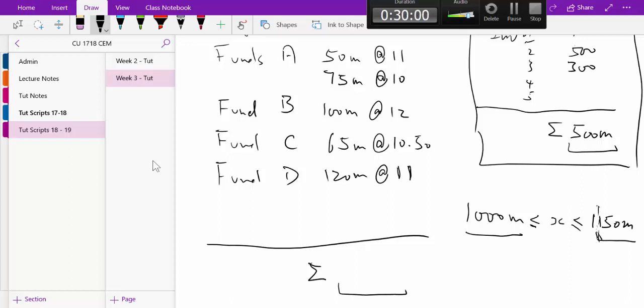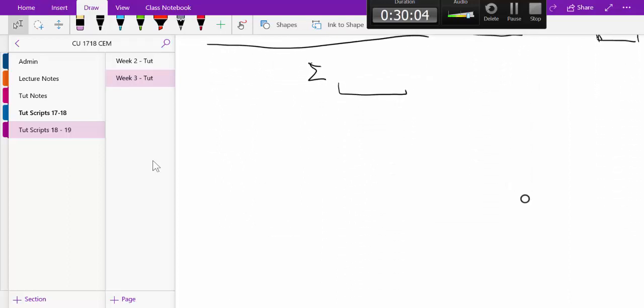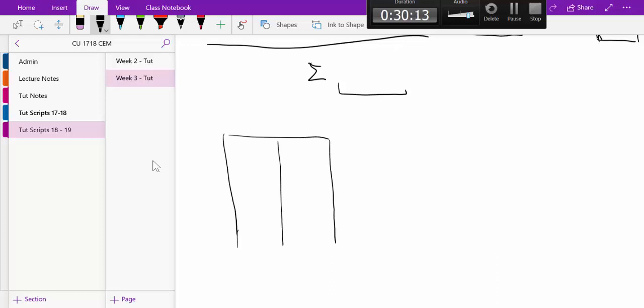So this is the thing about the IPO. Let's say if I was to draw the balance sheet, this is the original balance sheet, and now they're issuing new shares, let's say all of them are new shares.